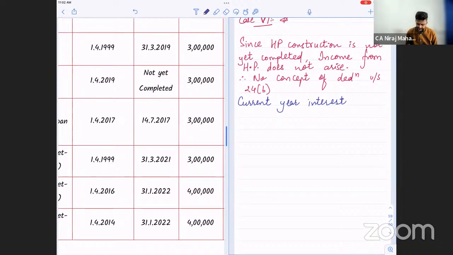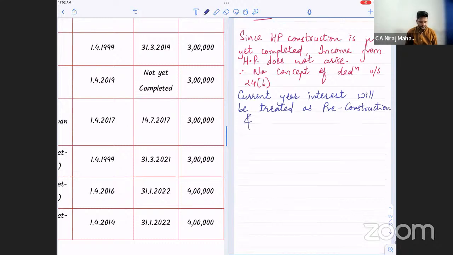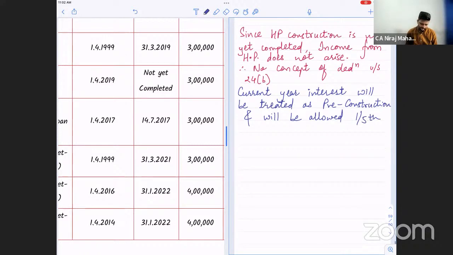So current year interest will be treated as pre-construction and will be allowed 1/5. Will be allowed what, bacho? 1/5, है ना? From the year in which construction is completed.